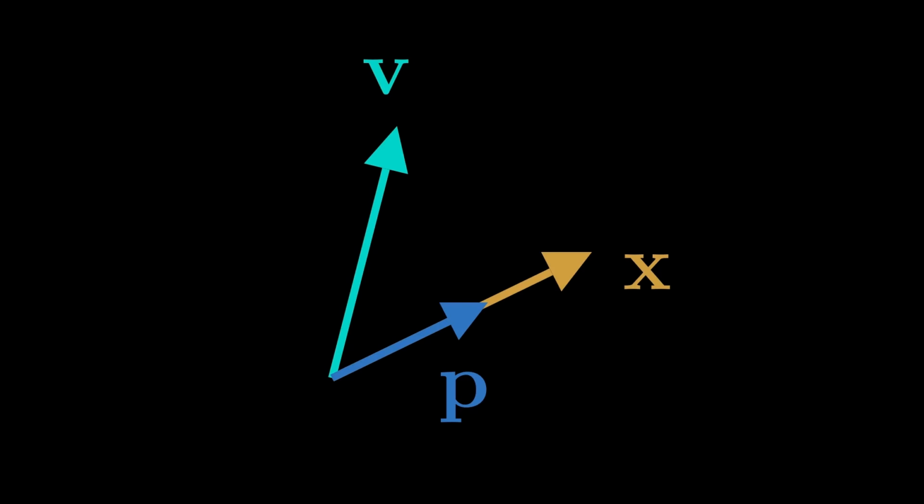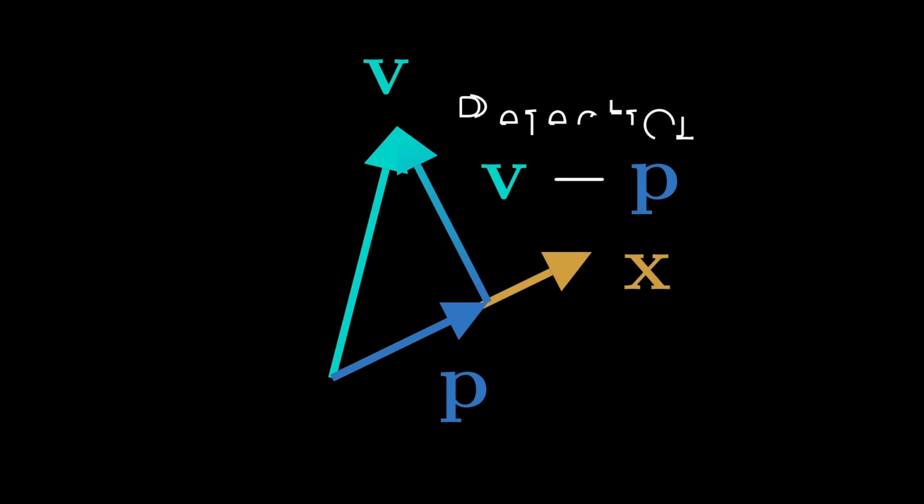Because the projection points in the same direction as x, we can write an equation for it as a multiple of x. Note that p and x are vectors, but p sub x here is a scalar, just a number. We can also consider this other vector that should be the difference between the projection and our original vector, which would be v minus p.